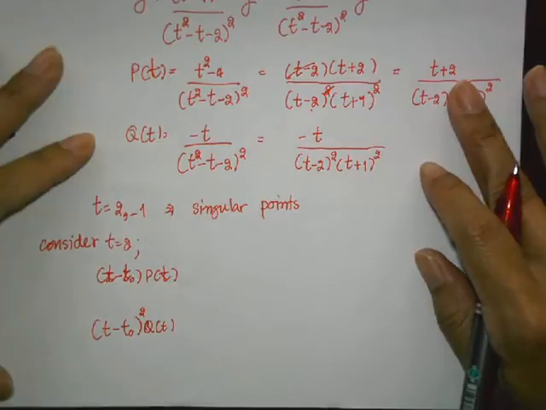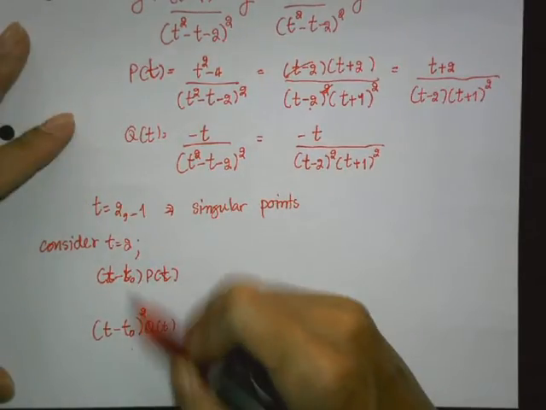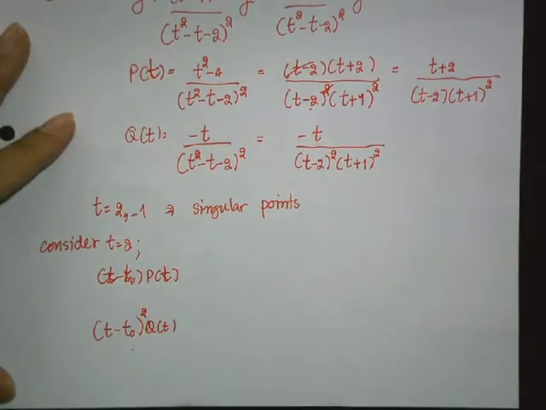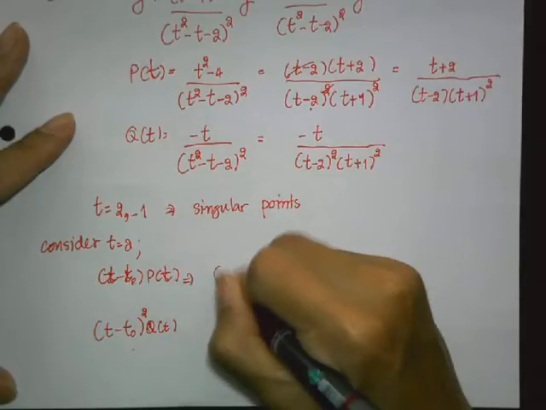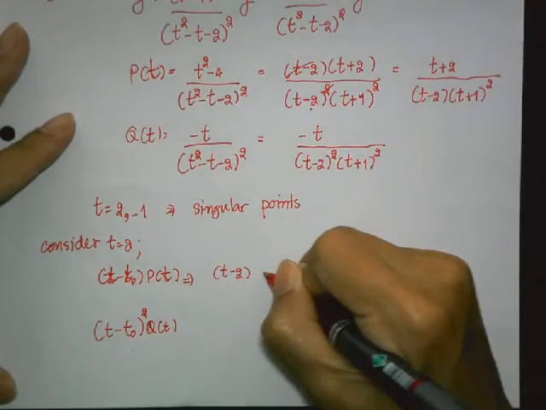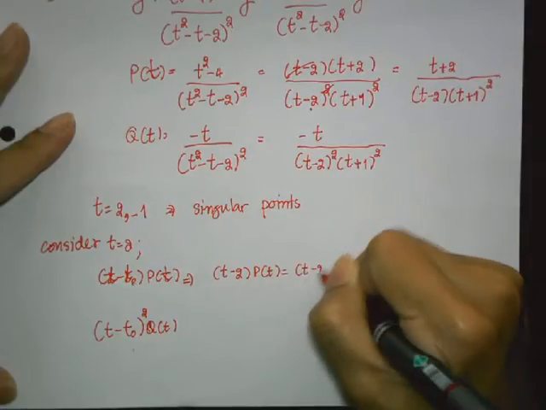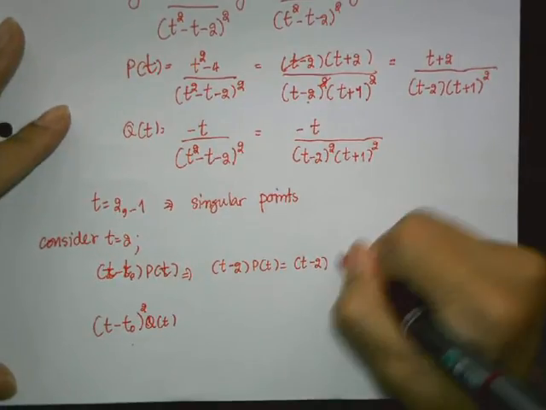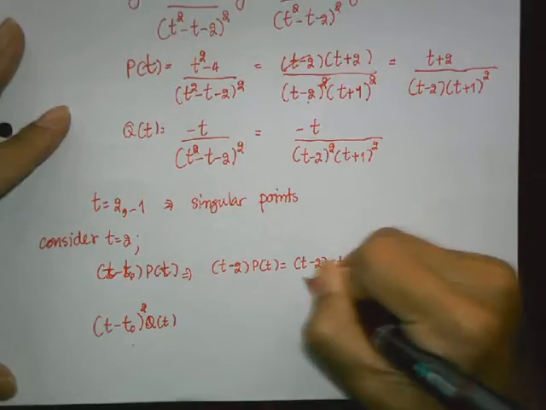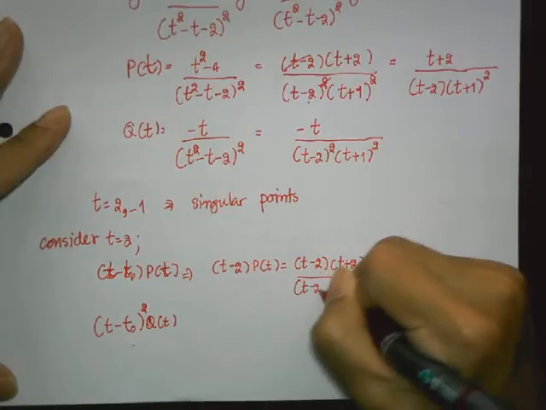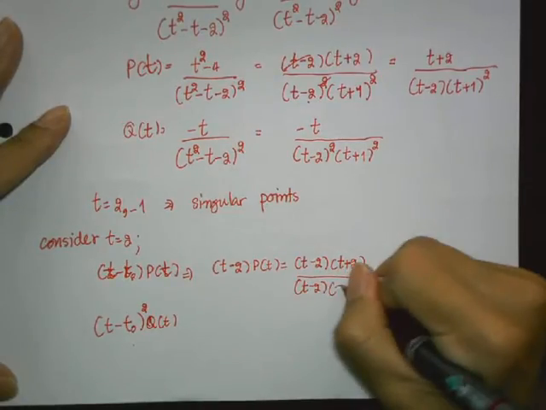So now our t0 is equal to 2. So we have t minus 2 times p(t), where p(t) is t plus 2 divided by t minus 2 times t plus 1 squared.